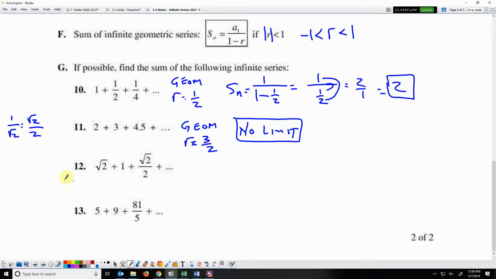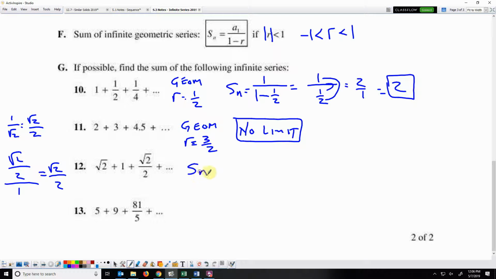Then we've got root 2 over 2 over 1, which is root 2 over 2. Okay, and that is between -1 and 1. So we can find the sum.